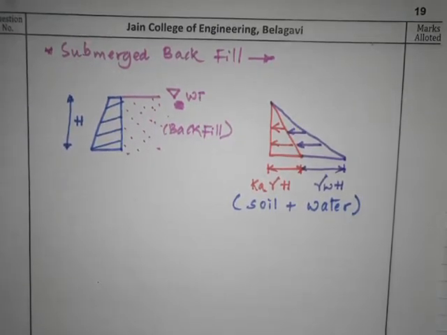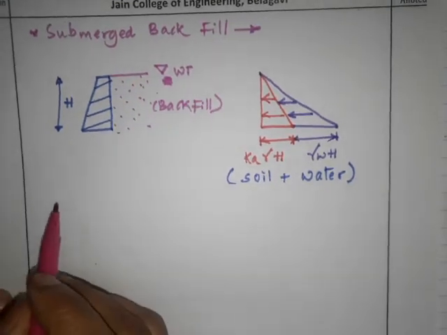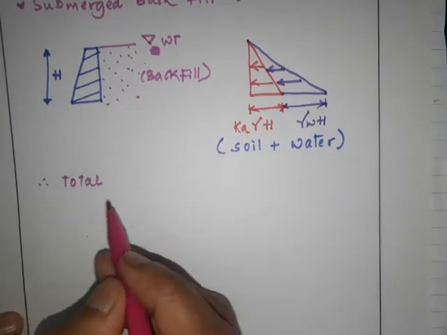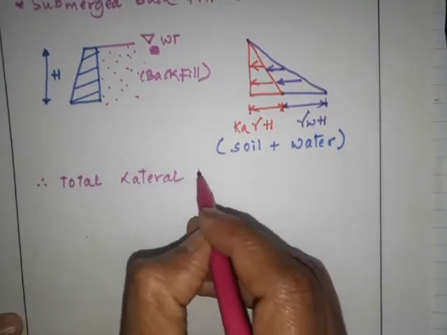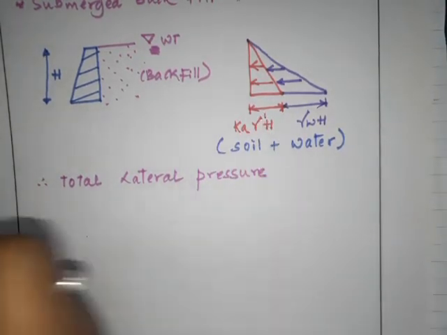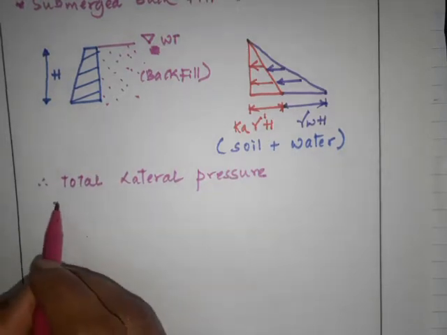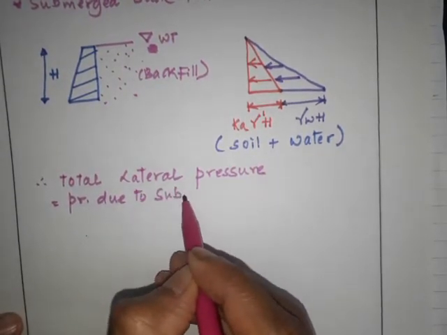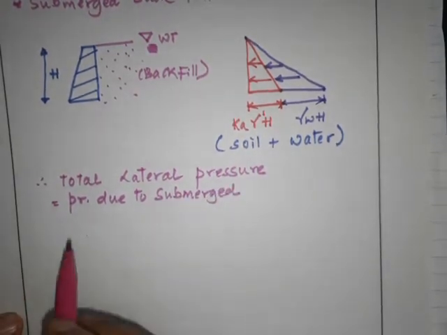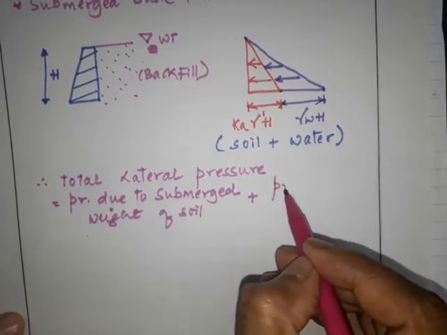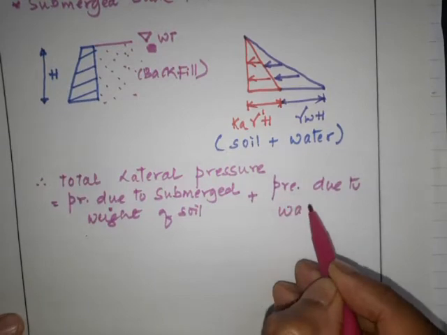Therefore the total lateral pressure, I'll make it gamma dash, that is pressure due to submerged weight of soil, this is very important, plus pressure due to water.